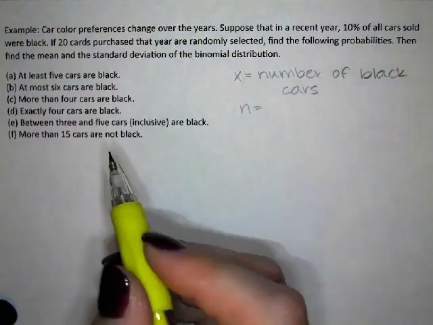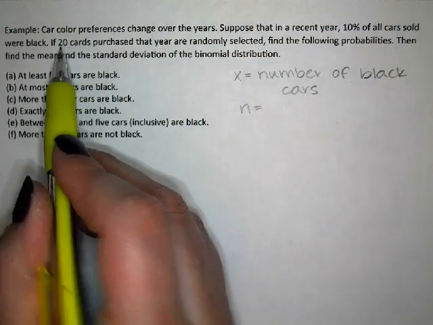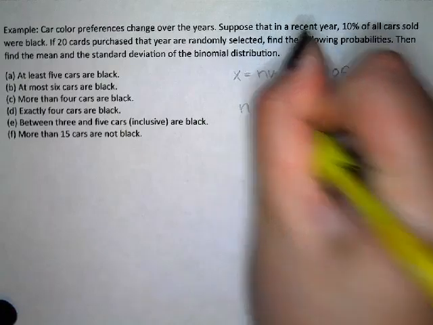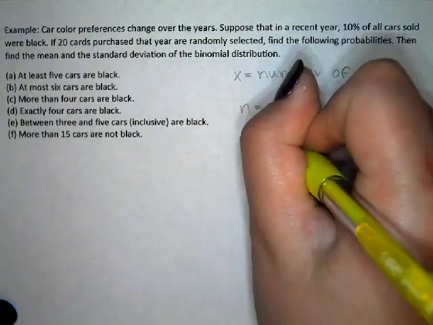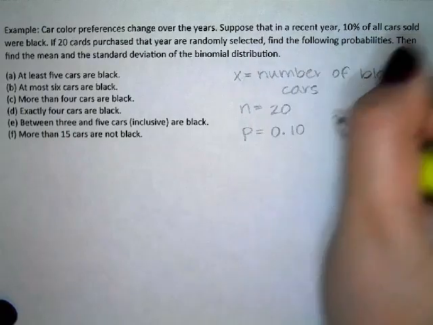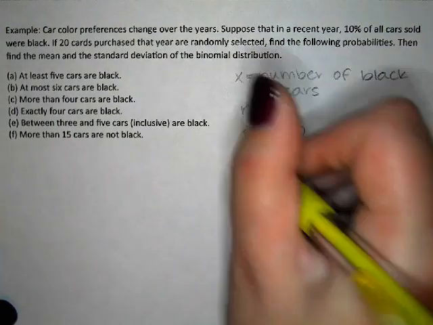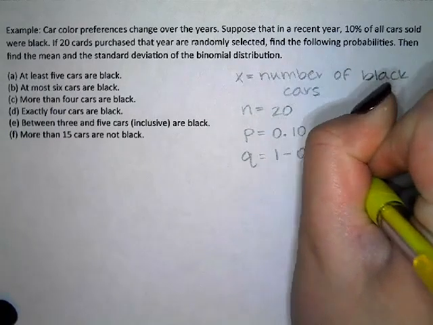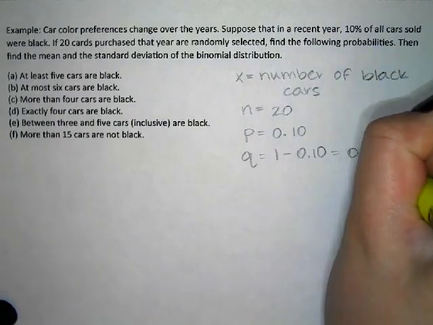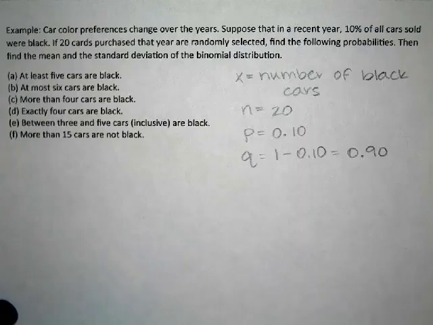The number of trials that we have is 20. Our probability of success is 0.10 from that 10% number, and the complement of that would be 1 minus 0.10, which is 0.90.